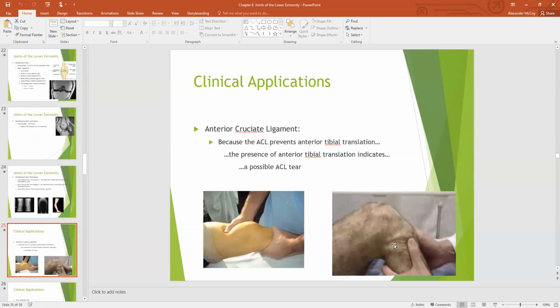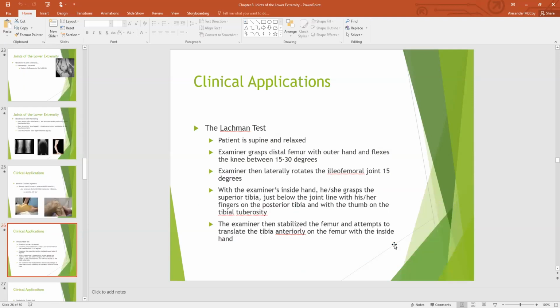This is a fun one to do in person, but we can test for the anterior cruciate ligament by basically bending the knee a little bit, opening up that joint space, and trying to anteriorly translate that tibia. Like I say, it's the anterior cruciate ligament, so it's preventing anterior translation of the tibia. There's several different ways.